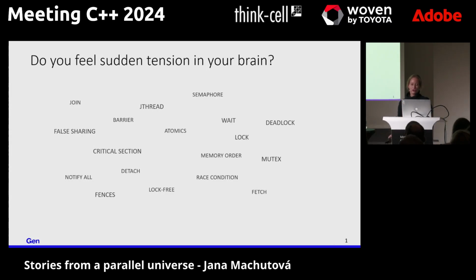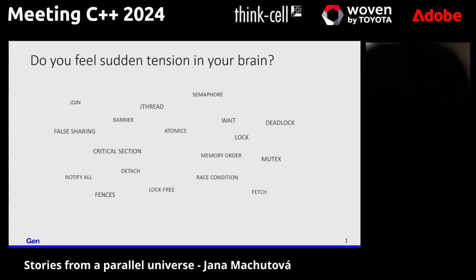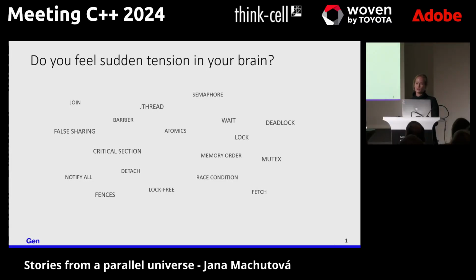You need to know what the memory model is. You need to know all those words. You need to get a lot of practice to not get lost and to not make too many mistakes, because they are really hard to find and debug. But there are only a handful of programmers who are able to do that. But we are living in a multi-threaded world, so it should be more available for more people. So it will be really nice if there is some tool to make it easier for more programmers.